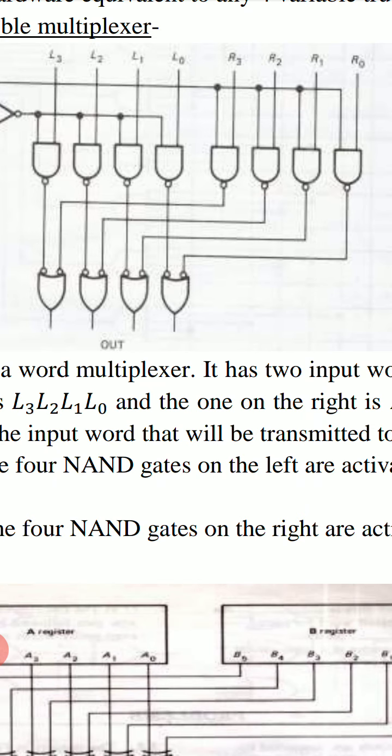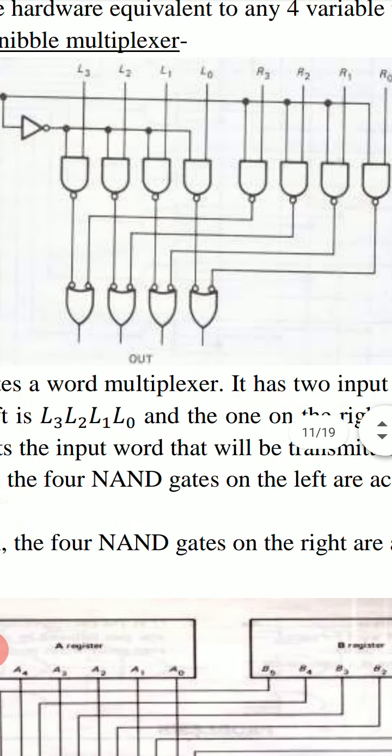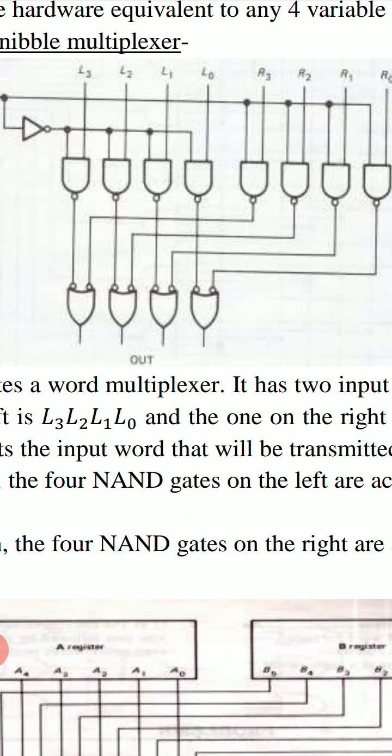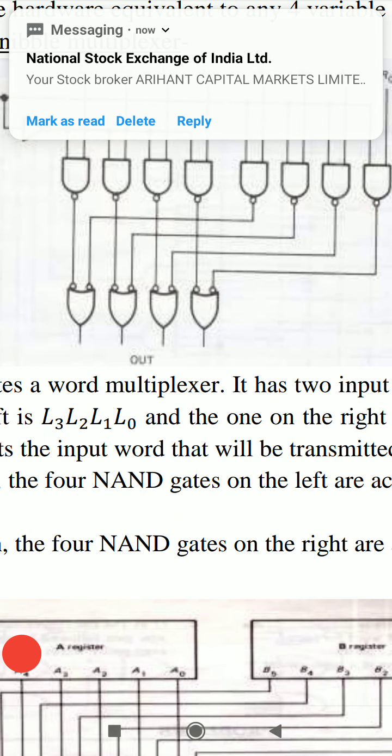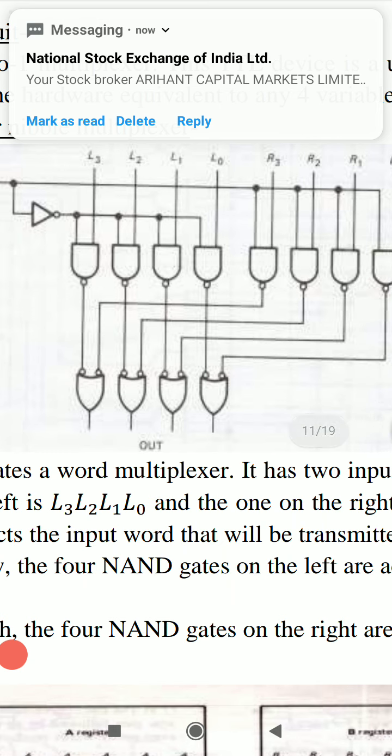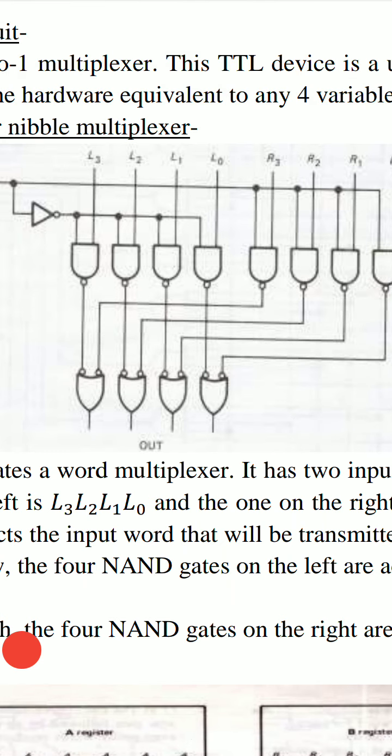The outputs of the 4 NAND gates are connected to these 4 inverted OR gates, and the outputs of the left NAND gates are connected to the inputs of these inverted OR gates.